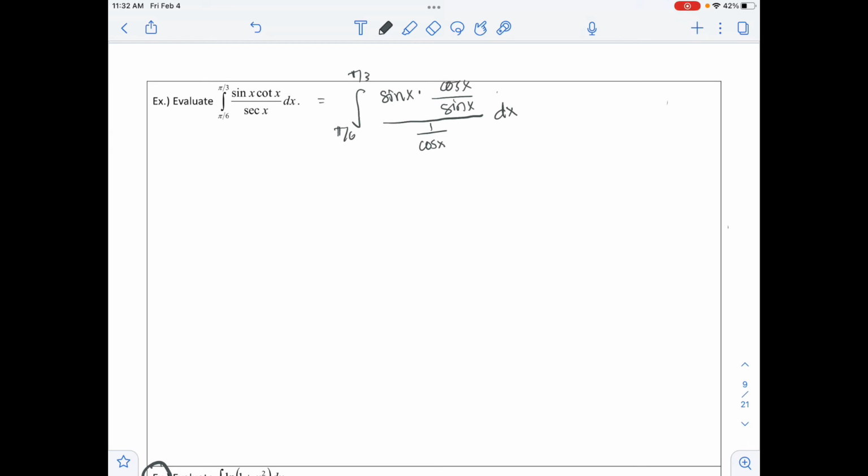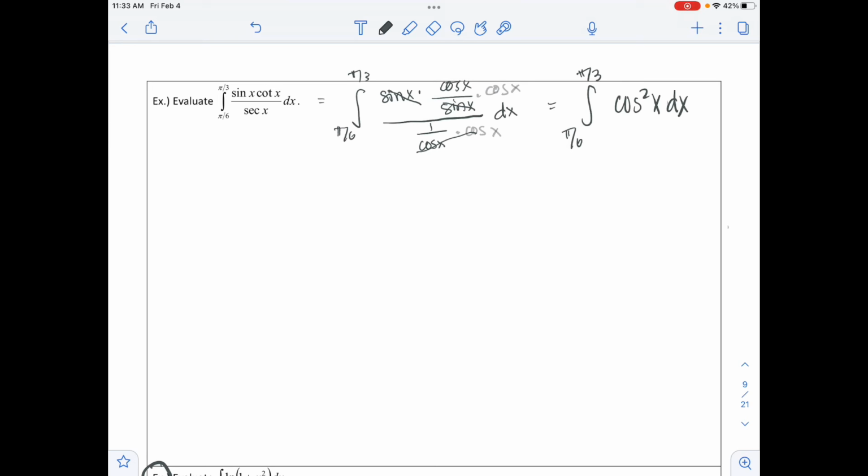So I need to simplify from here. I notice that my sines are going to reduce out, which is nice. And then if I multiply both top and bottom by cosine of x, this is now going to become the integral from pi over 6 to pi over 3 of cosine x times cosine x, or cosine squared x dx.